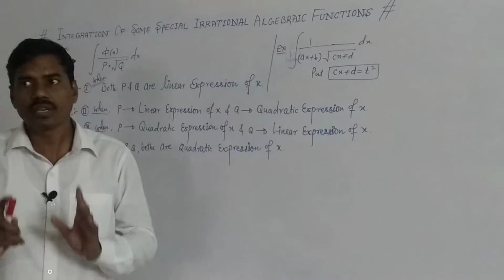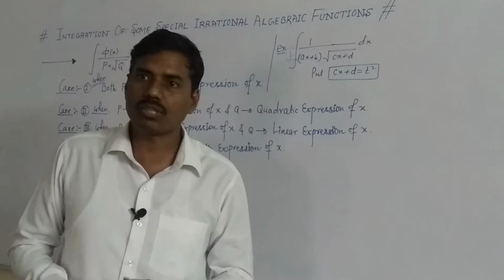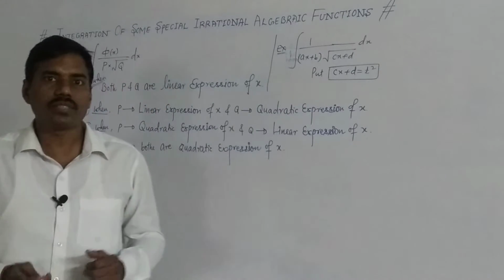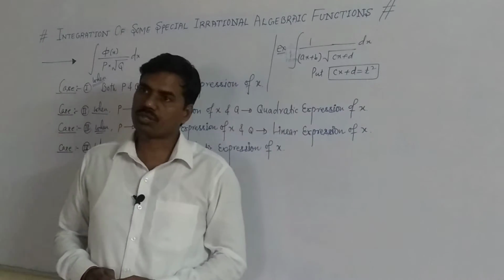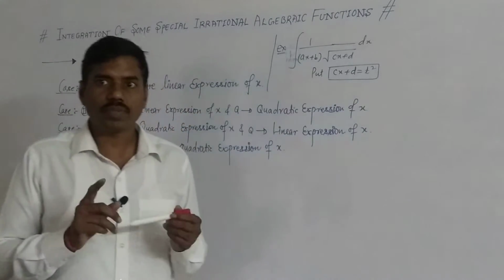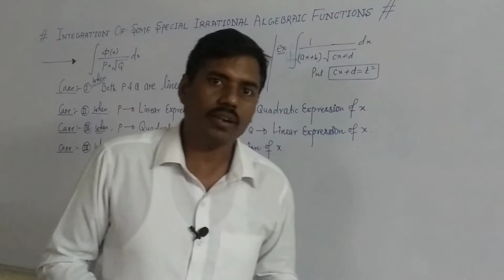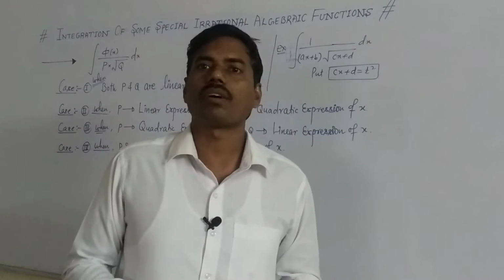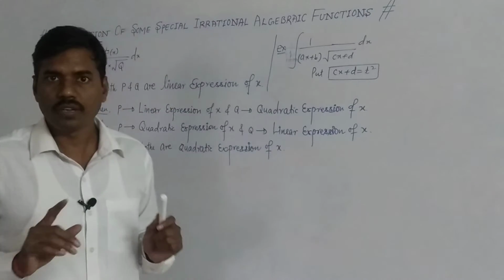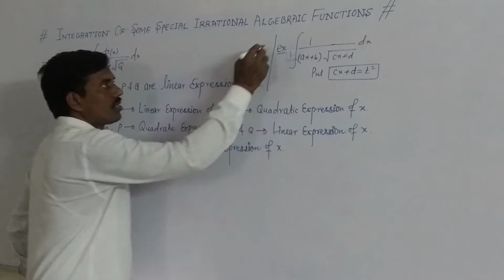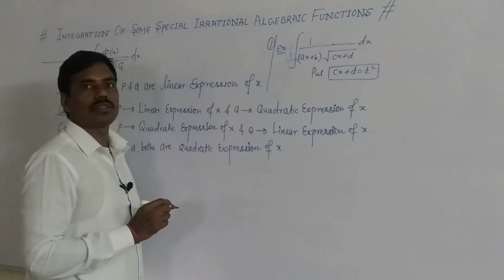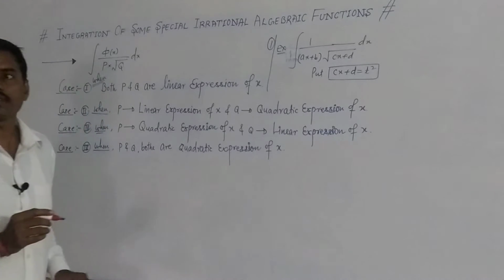So our substitution is cx plus d is equal to t square, when both expressions are linear expressions of x. Clear? Okay. This is the example depending on case first.